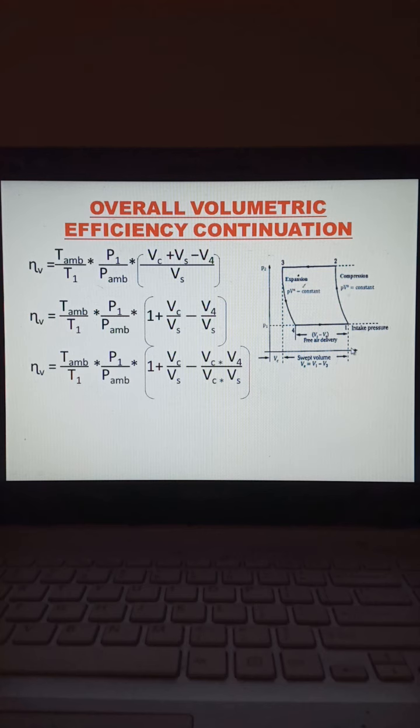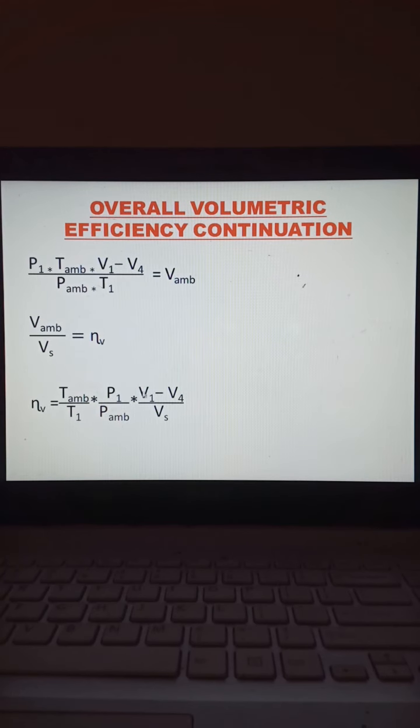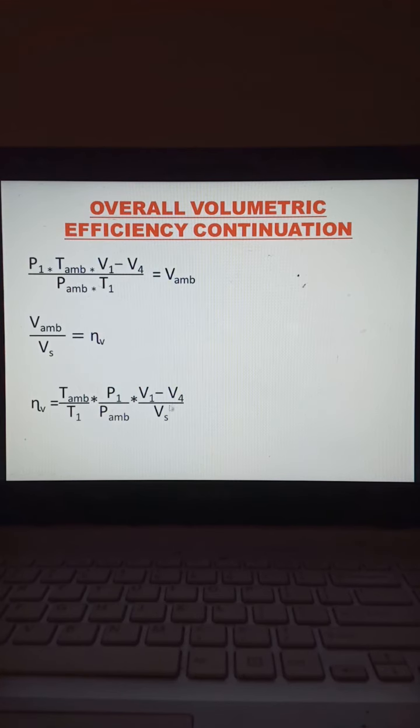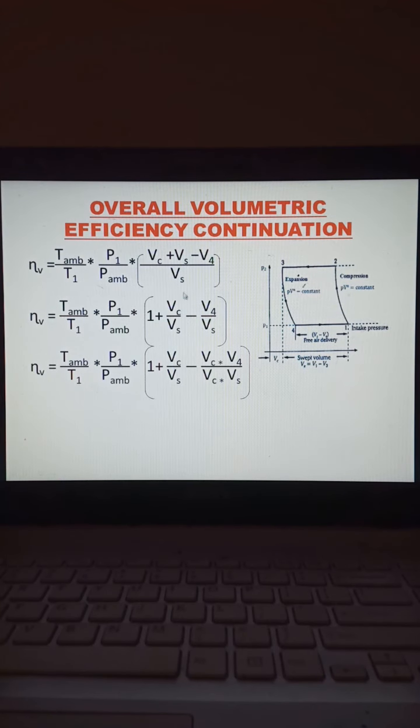So this is V1, and I will rewrite it as Vc plus Vs. In this equation, I replaced V1 with Vc plus Vs, clearance volume plus swept volume. The rest are the same, minus V4 divided by Vs. Now when you divide this term, it becomes 1 plus Vc divided by Vs minus V4 divided by Vs.